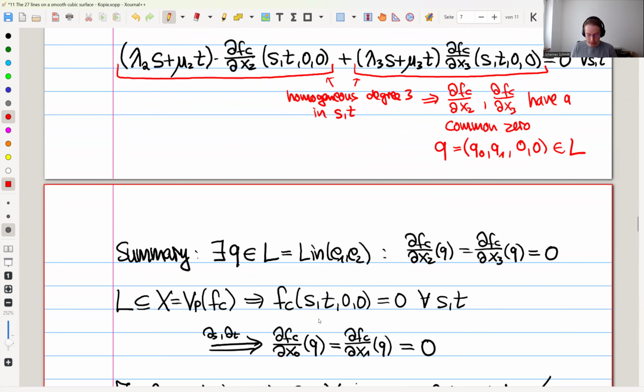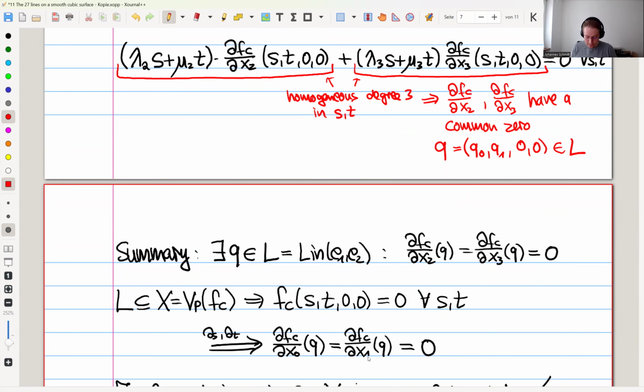And so if we plug it in, we must get 0 for all S, T. But then, if you take the partial derivatives for S and T, the first and the second derivative of this must vanish, in particular if we plug in (S, T) equals (Q0, Q1). And so this derivative and this thing also vanish.